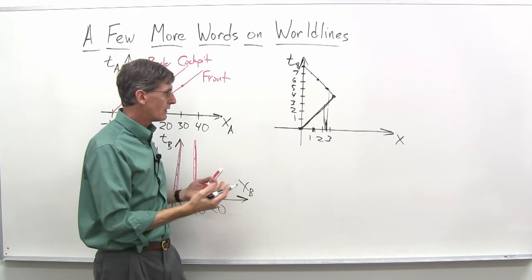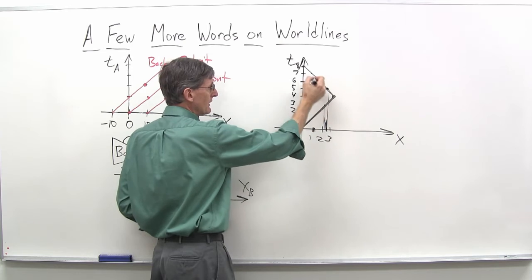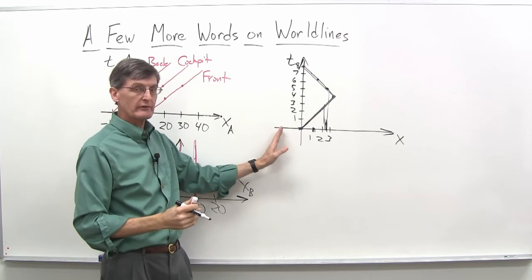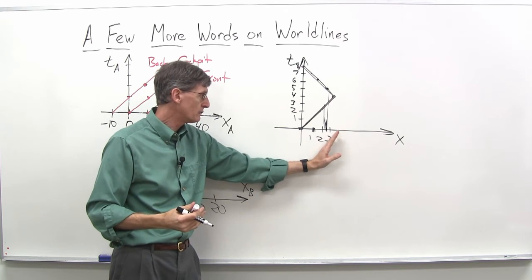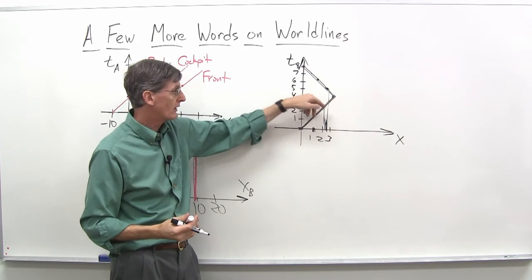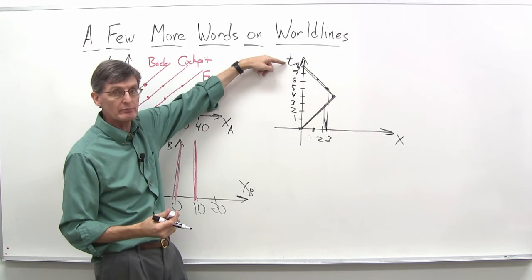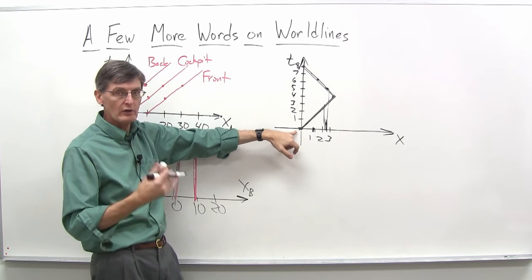So a world line that looks like this, where it moves out like that and then back like this, represents an object that has moved out to position 3 or wherever it is, and then as time continues going on, it moves back to position 0, where it started from.